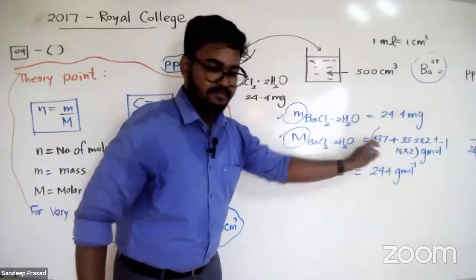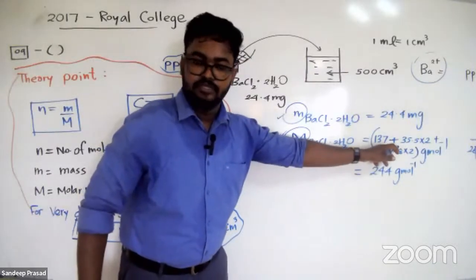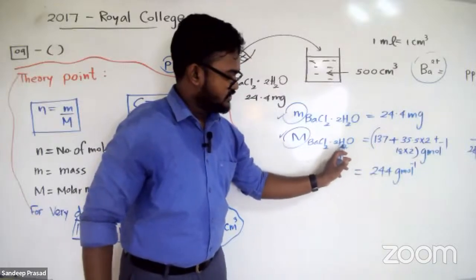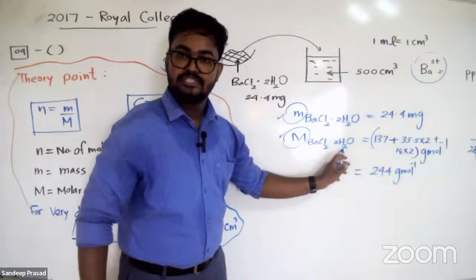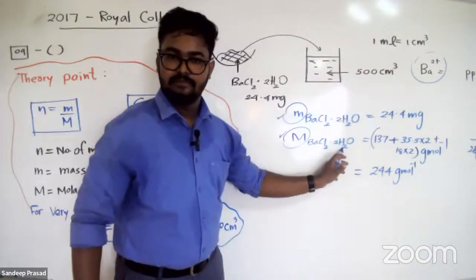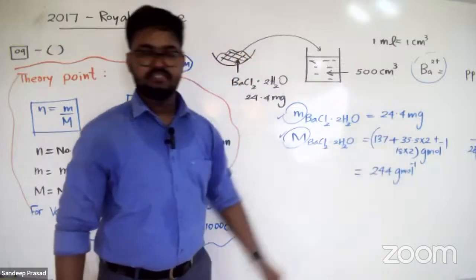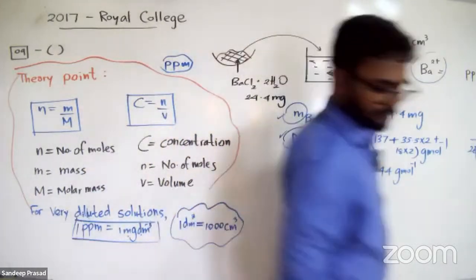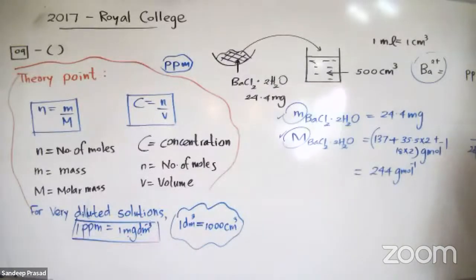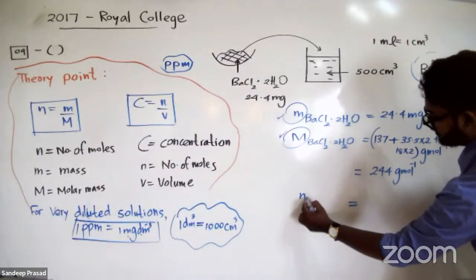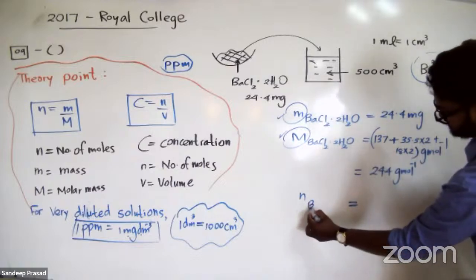Barium is 137, chlorine is 35.5 into 2, and for the water molecule, oxygen is 16 and hydrogen is 1, so 16 plus 2 is 18. One water molecule is 18. By this time you will remember these things. Then 18 into 2, and the summation is 244. So that is the molar mass. Then you can obtain the number of moles of this compound.